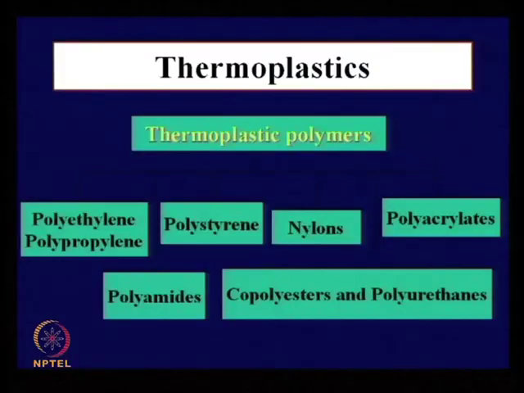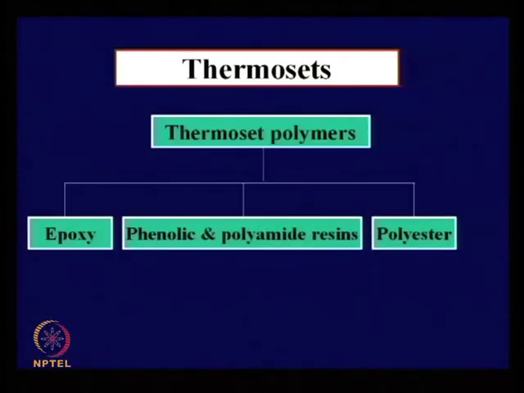After cleaning, washing, drying, those polymers can again be reprocessed for making a new set of products, known as recycled products. So, thermoplastics can respond to recycling of waste plastic, whereas thermoset polymers behave differently.